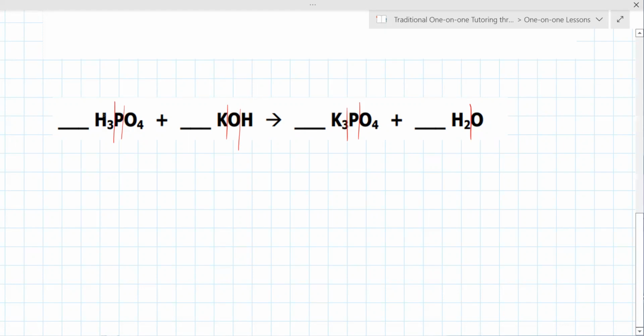There's 3 and 4 H's here, and 2 here. If you double this, your H's are good. But are the O's okay? There's 2 O's and 4 O's, that's 6. So I have to put a 2 here to get more O's, but then that upsets the H. That's where the challenge is.